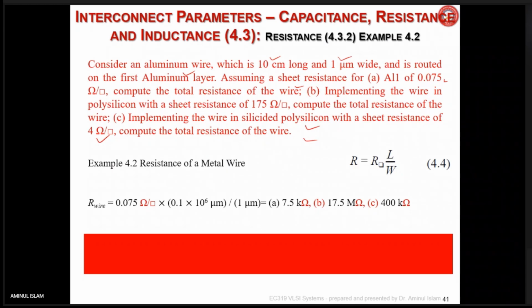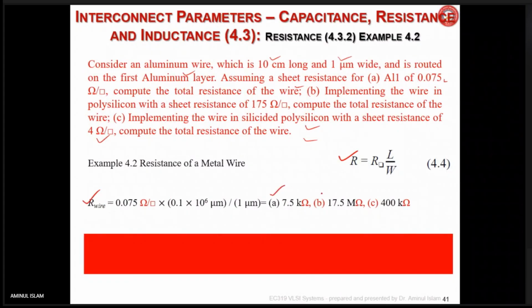Implementing the wire in polysilicon with a sheet resistance of 175 ohm per square, compute the total resistance of the wire. Implementing the wire in silicidated polysilicon with a sheet resistance of 4 ohm per square, compute the total resistance of the wire. So the formula is here, and these are the answers for the question.